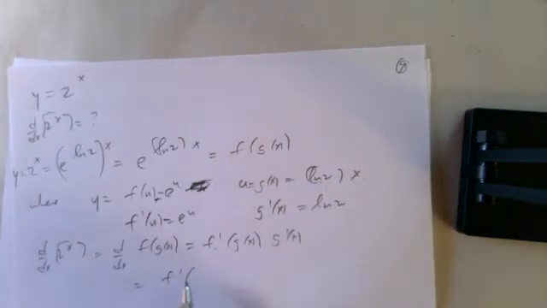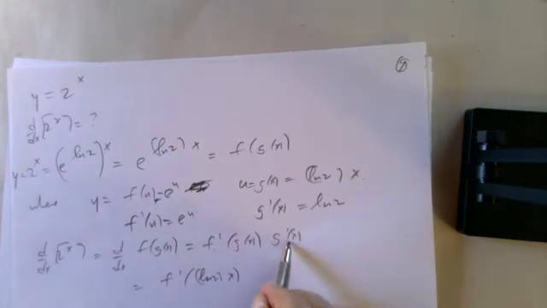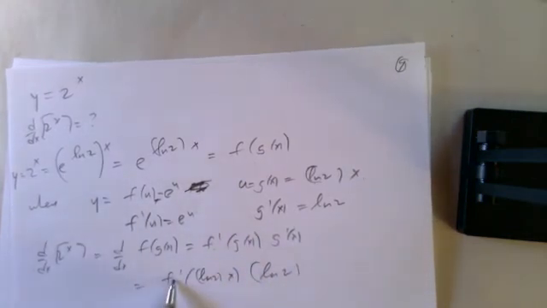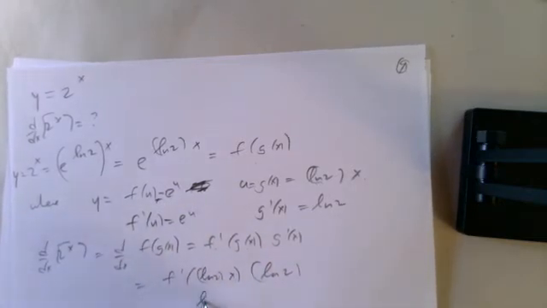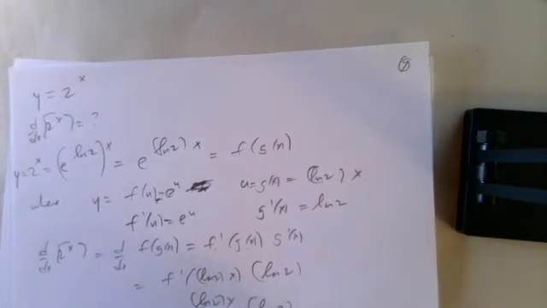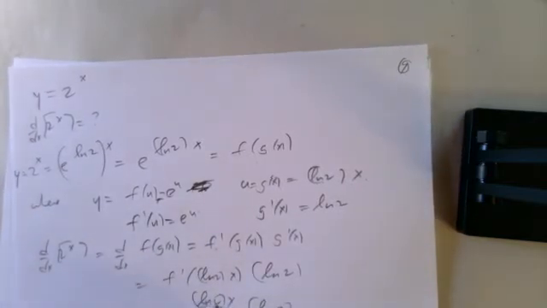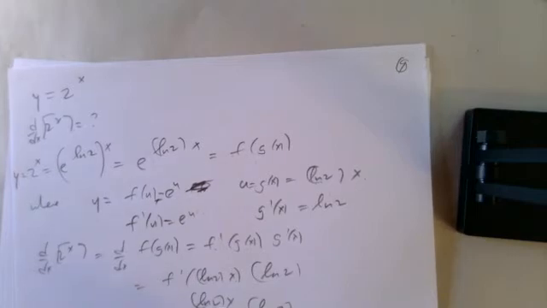So this is f prime of the constant log 2 times x times g prime of x, which is log 2. F prime of u is e to the u. So f prime of log 2 times x, this is e to the log 2 times x times log 2. E to the log 2 times x we saw was 2 to the x times this constant log 2.